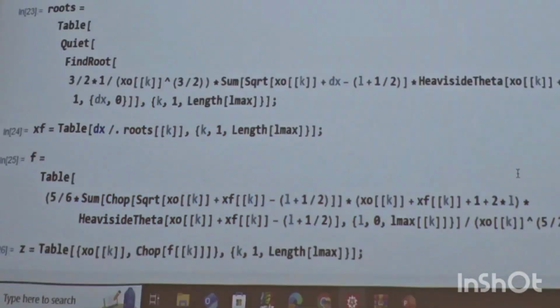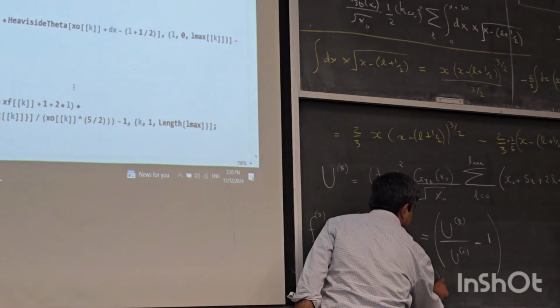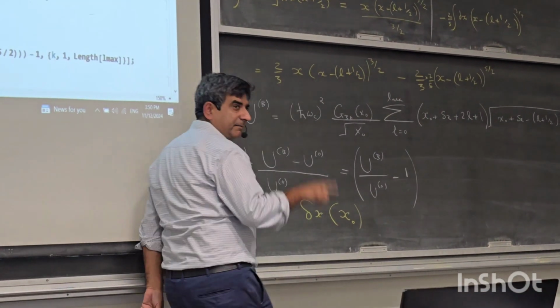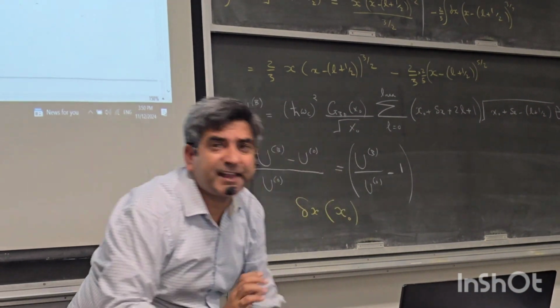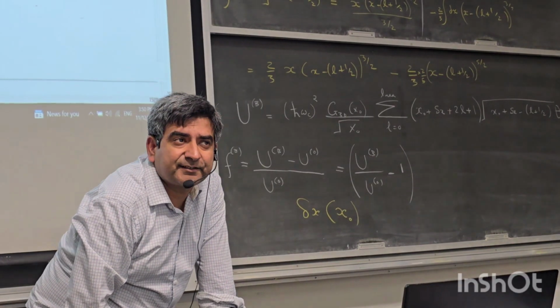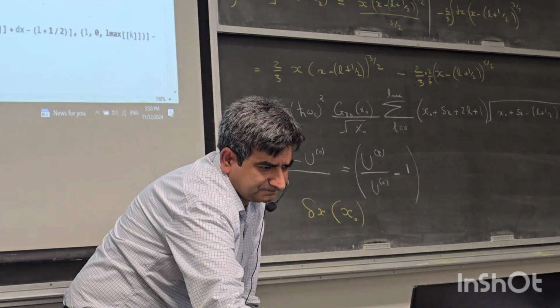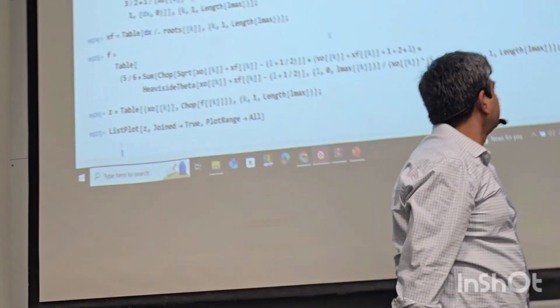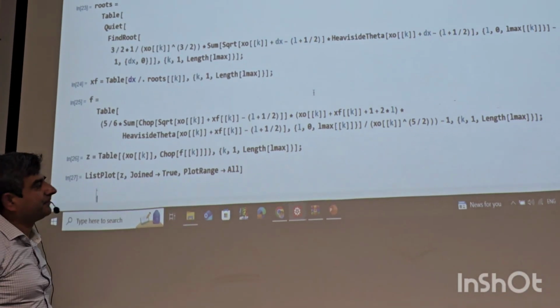Remember that delta x is a function of x naught, as we've just seen. Then I solve and I find all the delta x's.